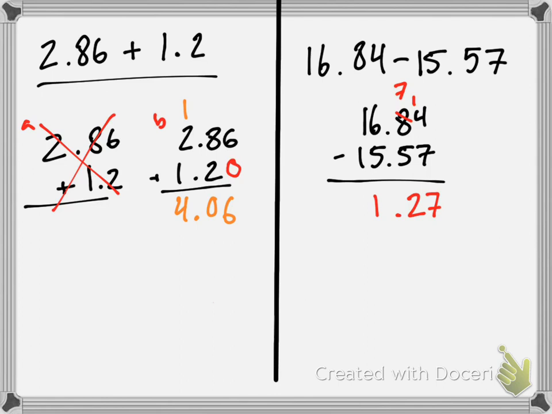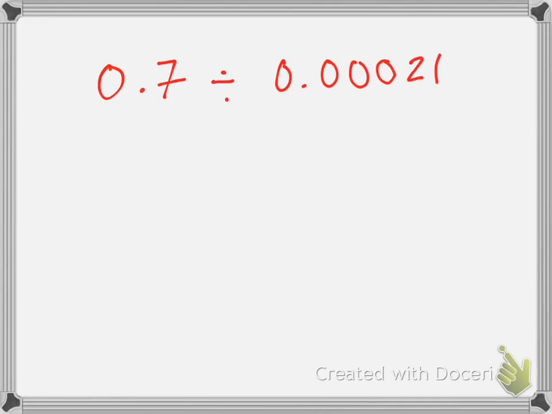1.27. Excellent. What if I'm going to do some division here, people? Let's do some division. I want to do one nice division problem. So I'm going to do 0.7 divided by 0.00021.